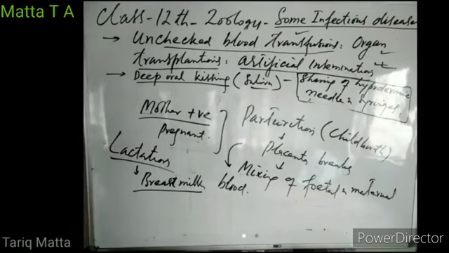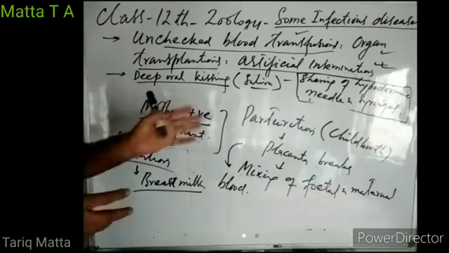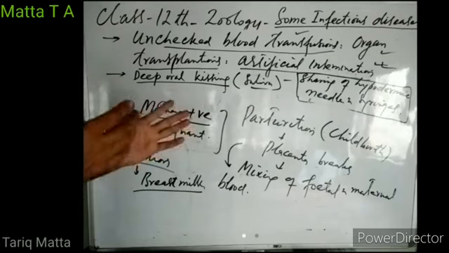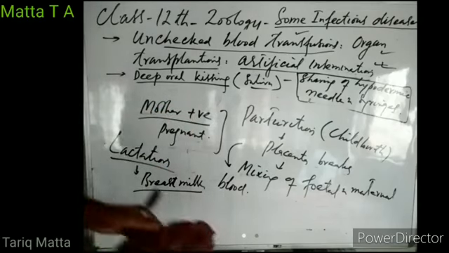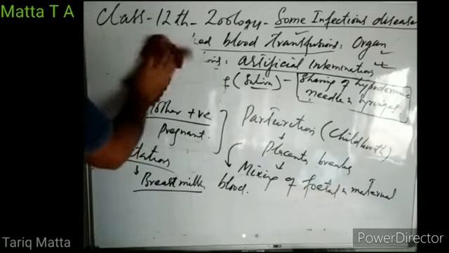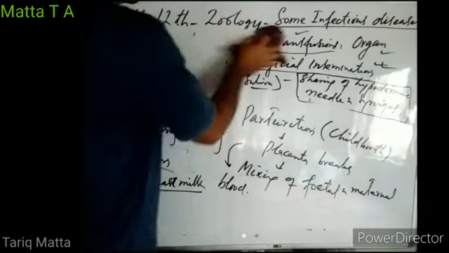So how can we prevent ourselves from contracting this AIDS? Most of the AIDS infections spread at prostitution centers. The hub of AIDS is prostitution centers.